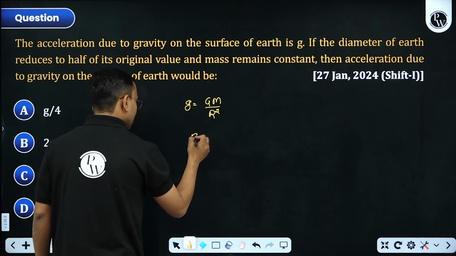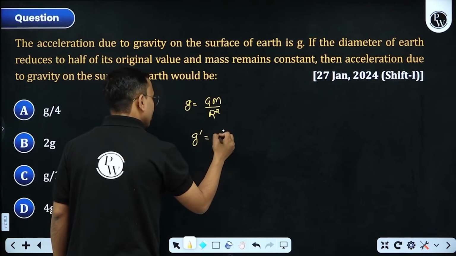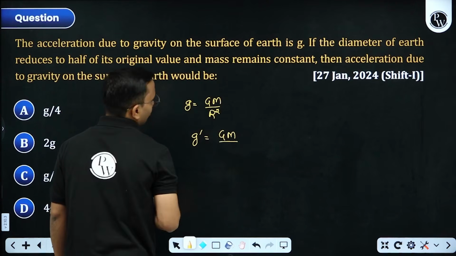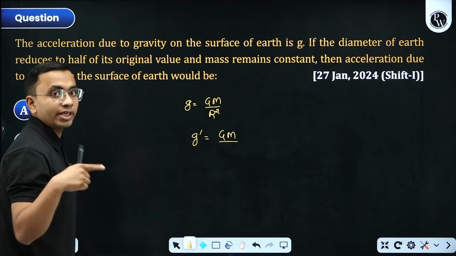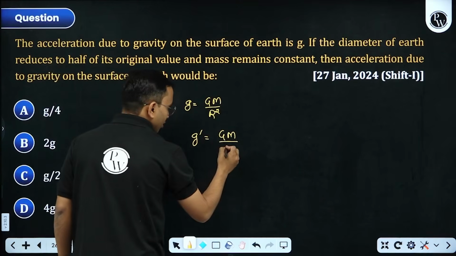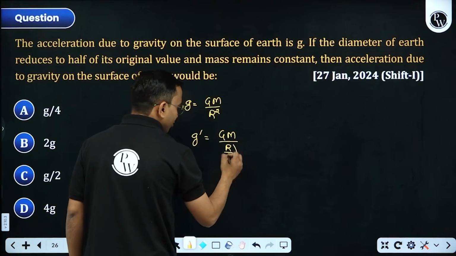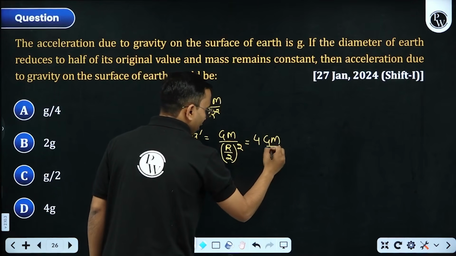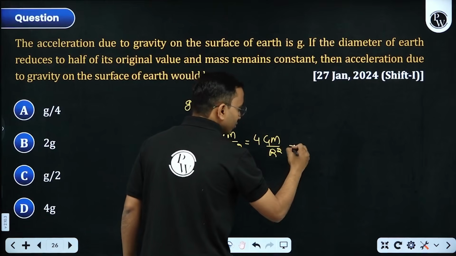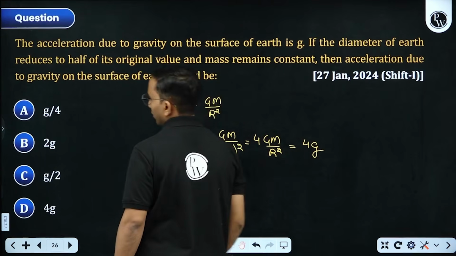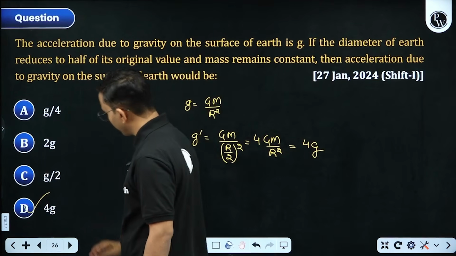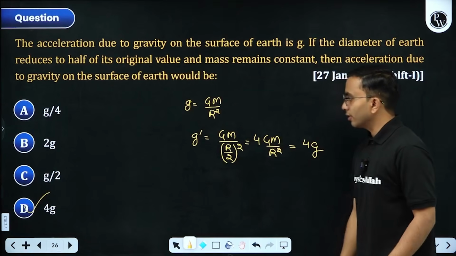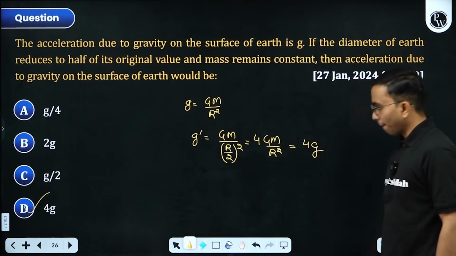Now g dash: he is saying mass remains as it is, but the diameter becomes half, means the radius will become half. So in place of r, you put r by 2. So what will it be? 4 GM by r square, and this becomes 4 times of g. 4 times of g, that is option D.